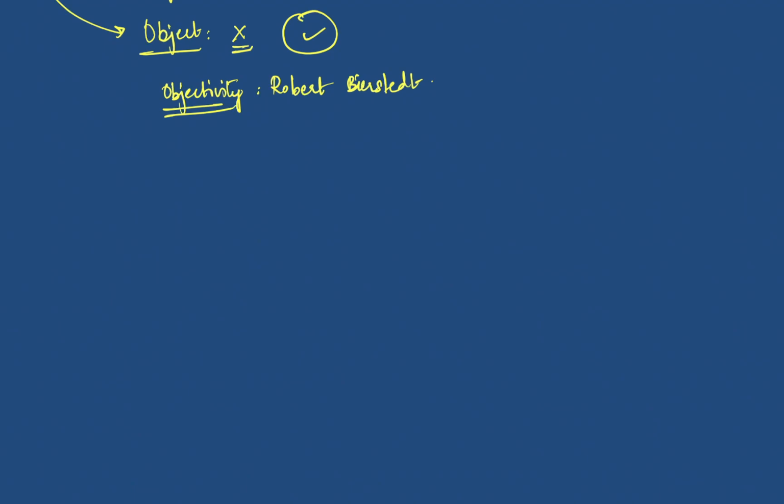Right. So here objectivity is something that Robert Bierstedt defines, and let us say Alex is the sociologist here, and he's going to conduct a survey, right? Alex might be a Christian, and he might be of fair color, that is, white.